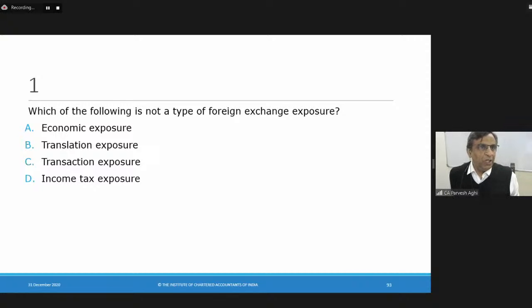So please answer it. Which should be the right option? A, B, C, or D? Please put the answers on the chat line. Which is not a type of foreign exchange exposure?